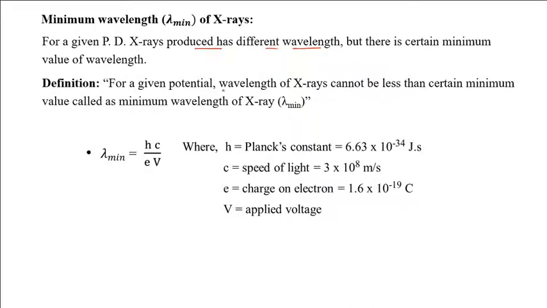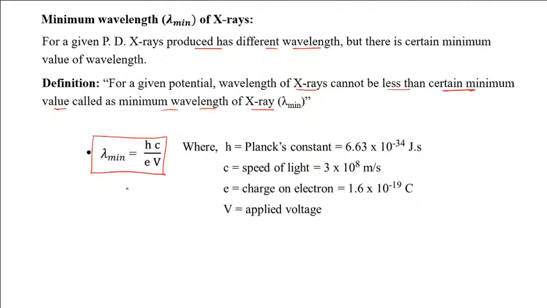So for a given potential, the wavelength of X-rays cannot be less than a certain minimum value called the minimum wavelength of X-rays, and it is given by lambda minimum. And here is the formula to calculate the minimum wavelength of X-rays. It is given by lambda minimum is equal to hc upon eV.